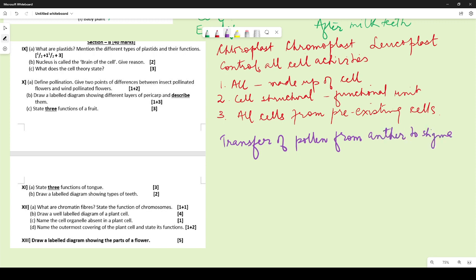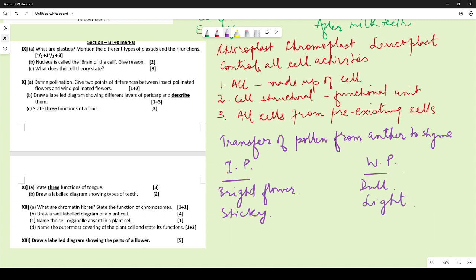Now, insect pollinated and wind pollinated plants: insect pollinated plants will have bright flowers, whereas wind pollinated flowers will be dull colored. Insect pollinated flowers will have sticky pollen, whereas wind pollinated flowers will have light pollen grains. So these are the 2 points which you can mention in the difference.